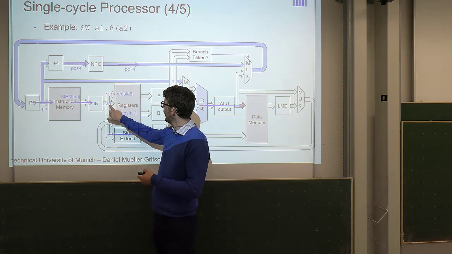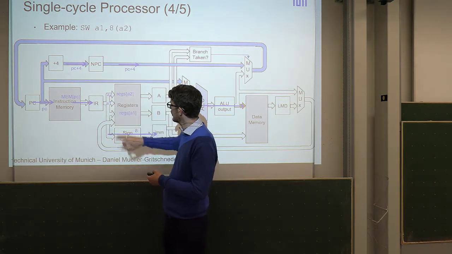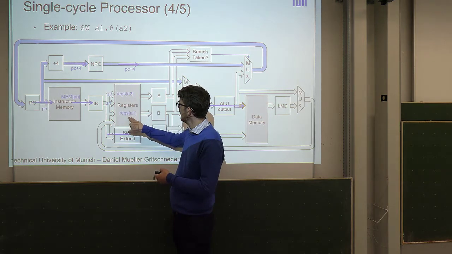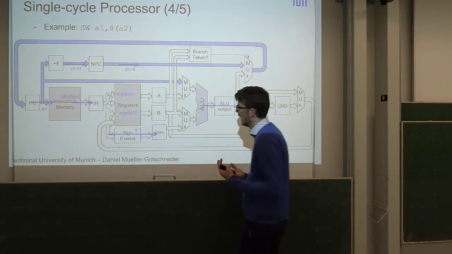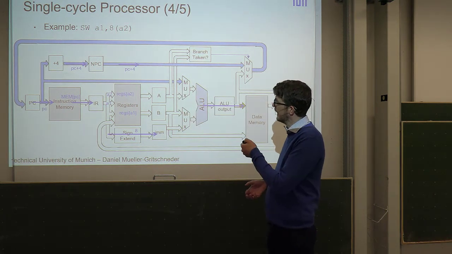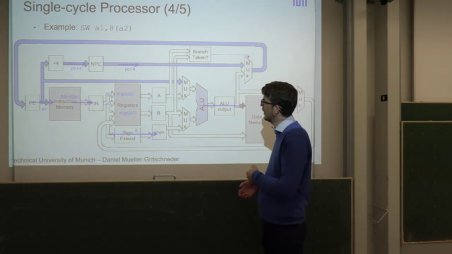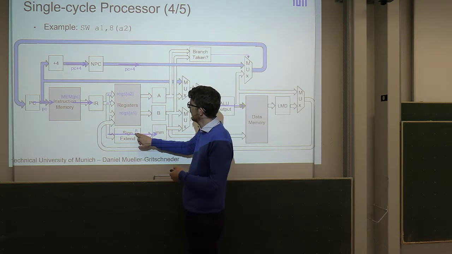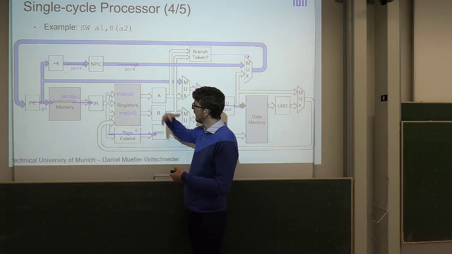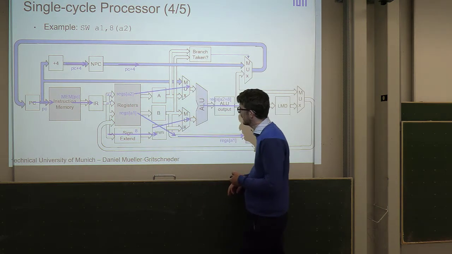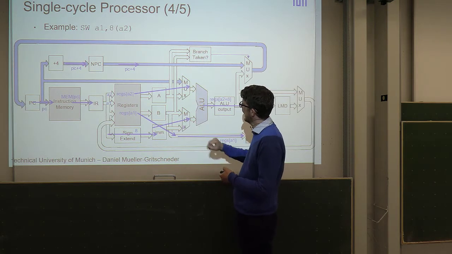Right, so both of them are operands, so we have to read A2, which is the address we want to store to, and we have to read the value in A1, which is the value we want to store. And again, there's an offset given, right? So there's an offset given here of 8. So we don't want to write directly to the address A2, but we want to have an offset of 8 to write to. Now we are forwarding this again to the ALU, right?